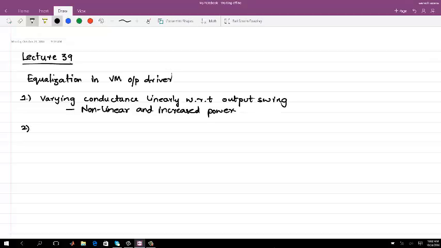The second one was varying conductance non-linearly. If you have seen, that was with respect to V out square terms coming. Non-linearly with respect to output swing.